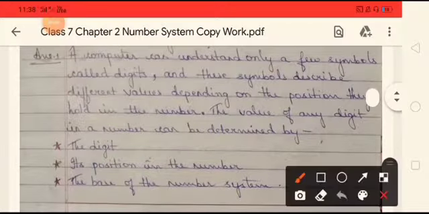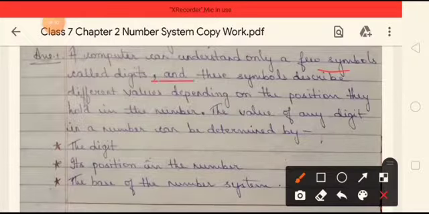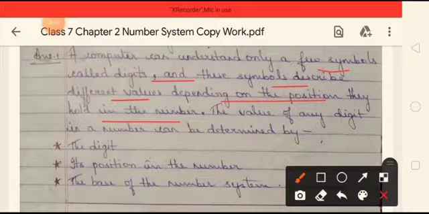A computer can understand only a few symbols called digits, and these symbols describe different values depending on the position they hold in the number. We already know that a computer can understand commands and instructions only in the form of particular digits, that is bits, or binary digits.